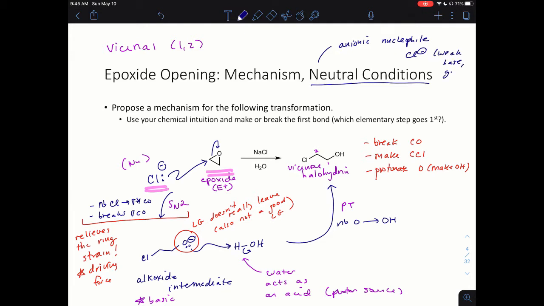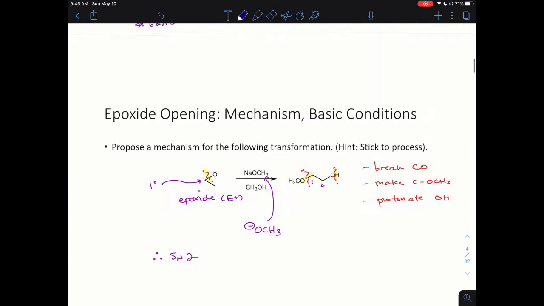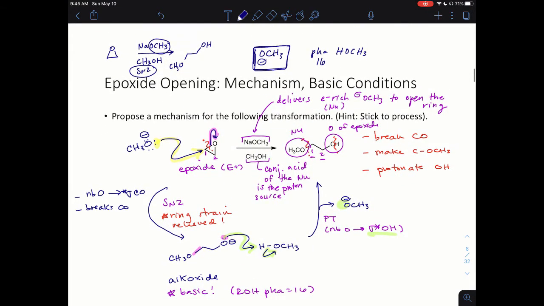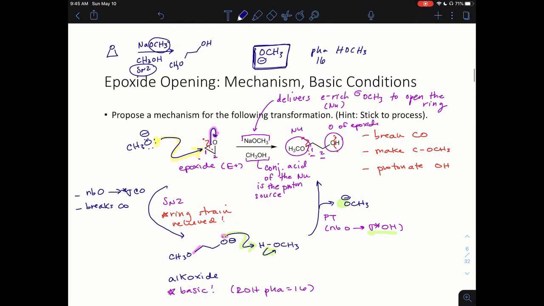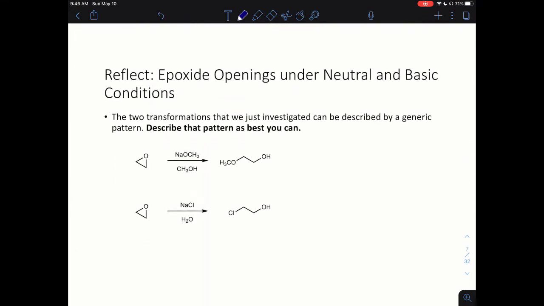It's just a good nucleophile. So for halogens, for halides, these are really considered neutral conditions. But the neutral conditions with the halide and the basic conditions with the alkoxide went by the same exact set of elementary steps, SN2 and then proton transfer.